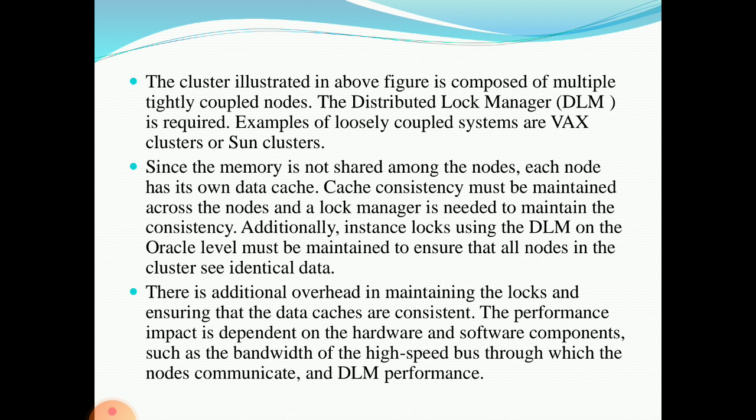Okay, here a cluster has been formed. The above figure is composed of multiple tightly coupled nodes. Nodes are the systems that users use, and here a lock manager will be there. A distributed lock manager is required, and examples of loosely coupled systems are VAX clusters or Sun clusters.